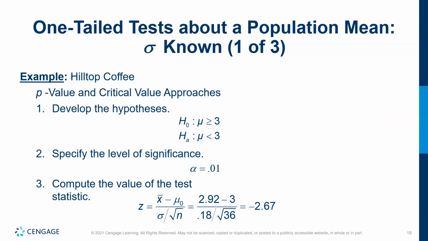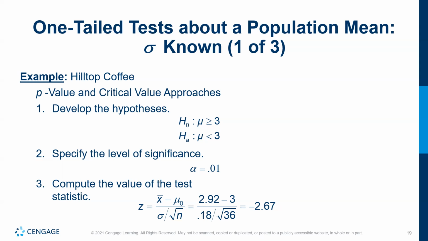And now we're going to compute the value of the test statistic. To do that, we're going to use this formula right here, okay, which is the sample mean minus the hypothesized amount, which is 3, divided by the population standard deviation over the square root of n. So here's a formula we'll have to use.